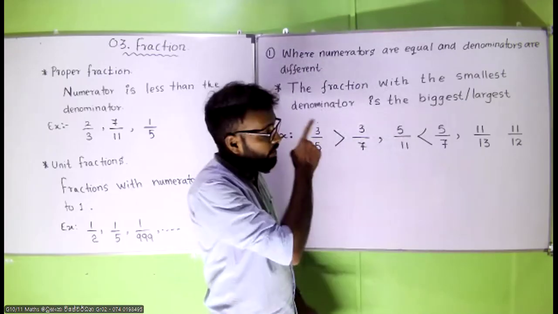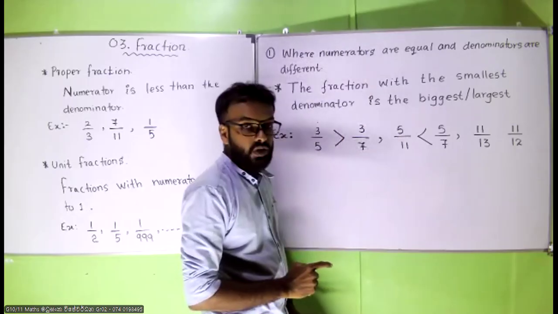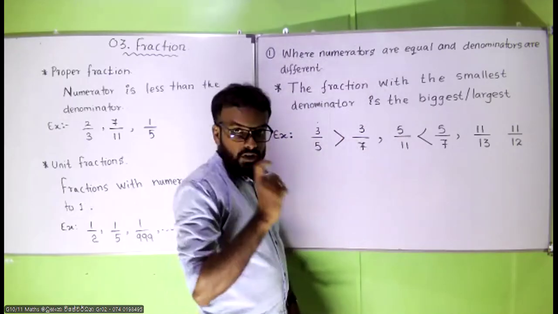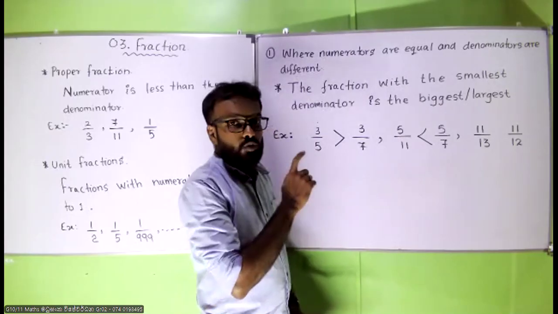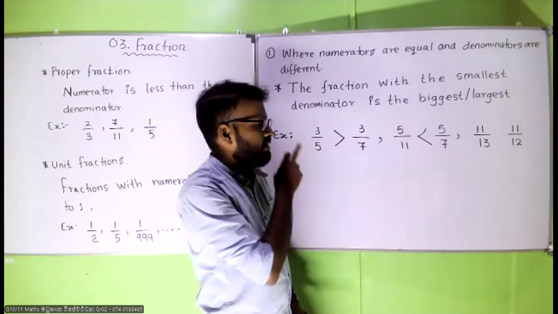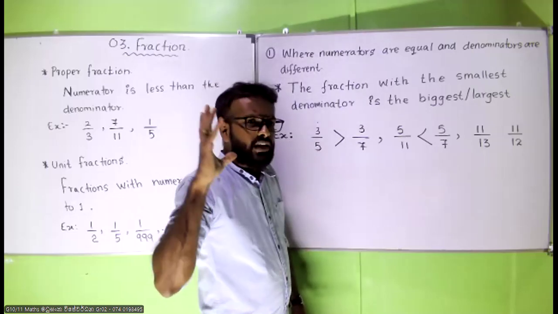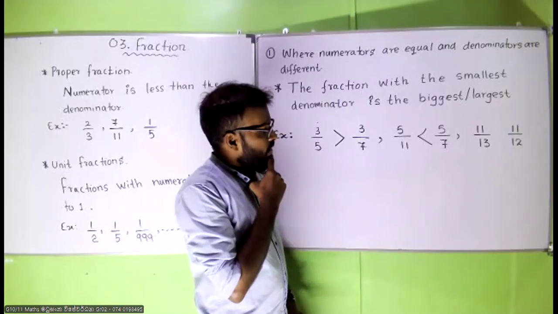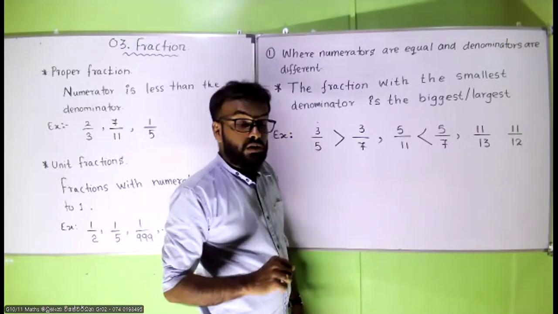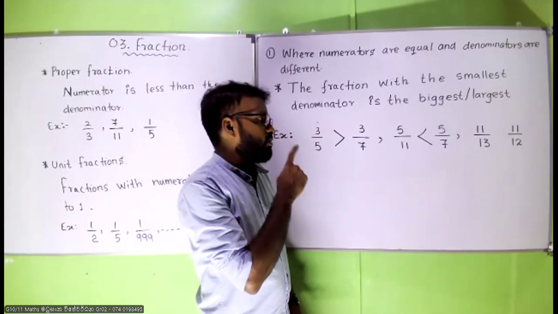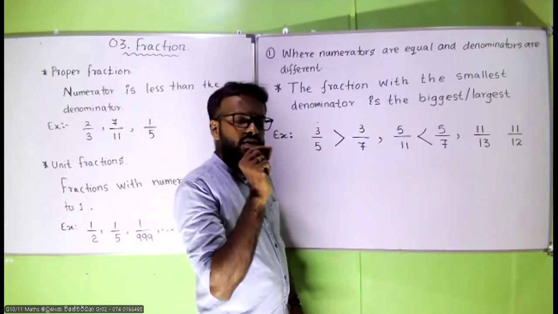And when it comes to the last one, 11 upon 13 and 11 upon 12, first of all you need to check whether your numerators are equal. Numerators 11 and 11, forget that. Then denominators 13 and 12. Between those two, which one is the smallest?